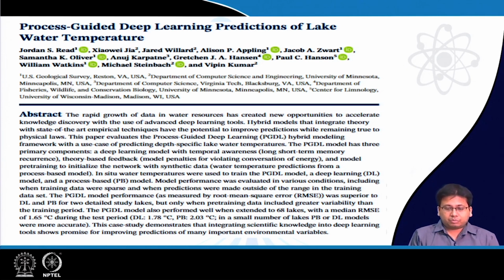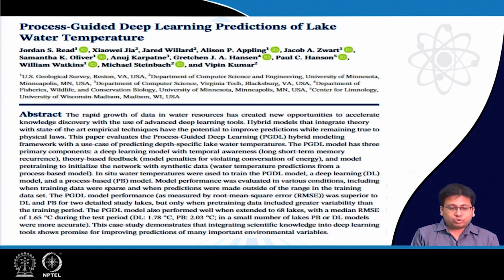The PGDL model has three primary components: a deep learning model with temporal awareness, that is a long short-term memory; a theory-based feedback which includes model penalties for violating conservation of energy; and model pre-training to initialize the network with synthetic data, that is water temperature predictions from a process-based model.